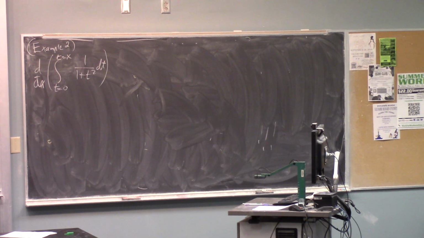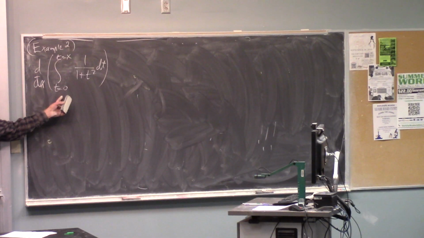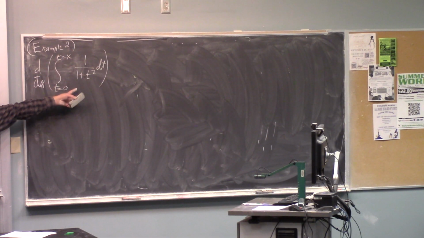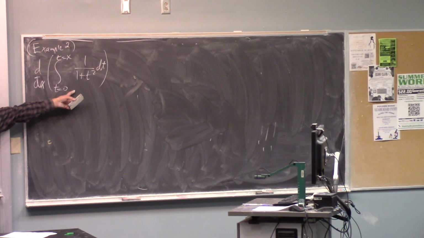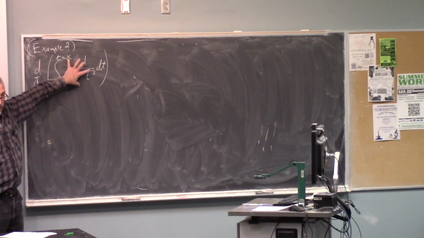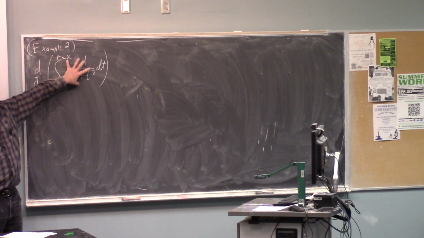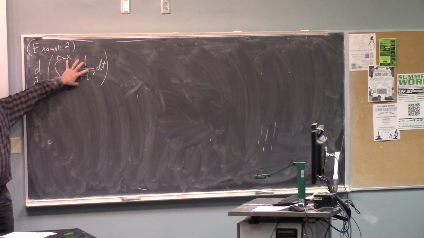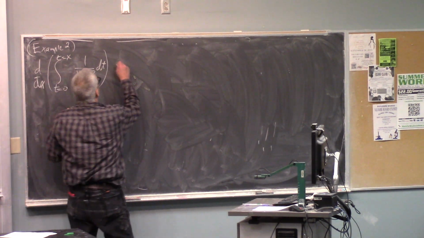I have an area function, the integral from t equals 0 to t equals x of 1 over 1 plus t squared dt, and then I park the derivative symbol in front of it. So what is this derivative going to equal? 1 over 1 plus x squared. Exactly. You just pluck out the integrand, 1 over 1 plus t squared, and you swap out the t's and put x's in there.